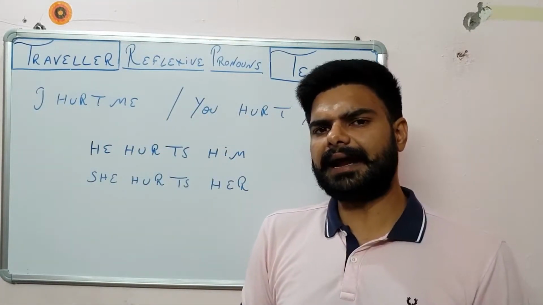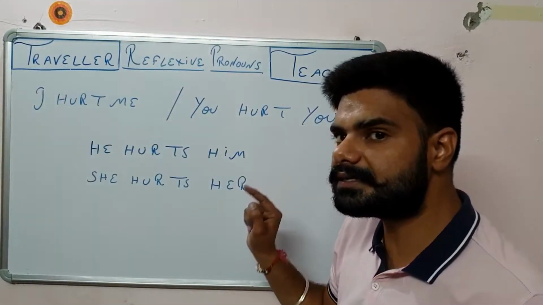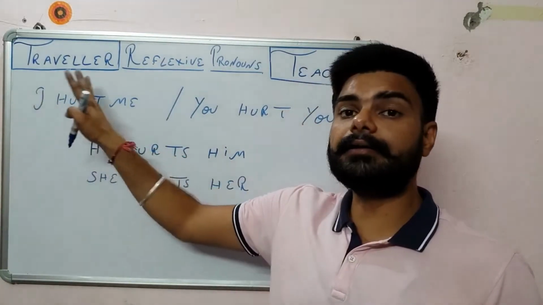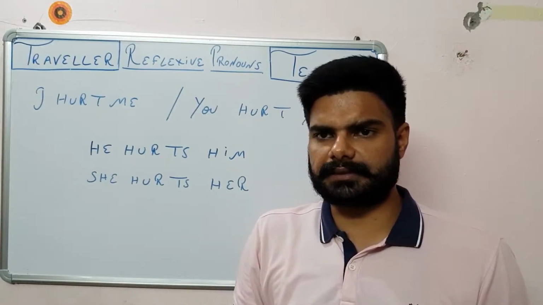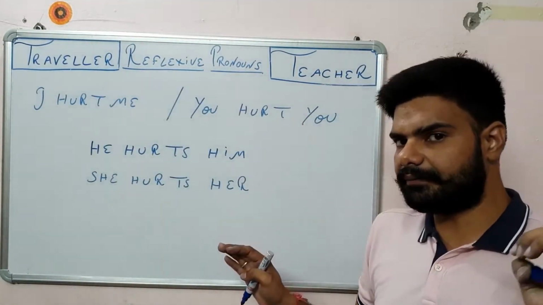Can it be like that? It is not always necessary that you are talking about the same person. Like over here, I hurt me, it's very much sure that I am not talking about any other person, it's going to be on myself. You hurt you, once again is very much sure.